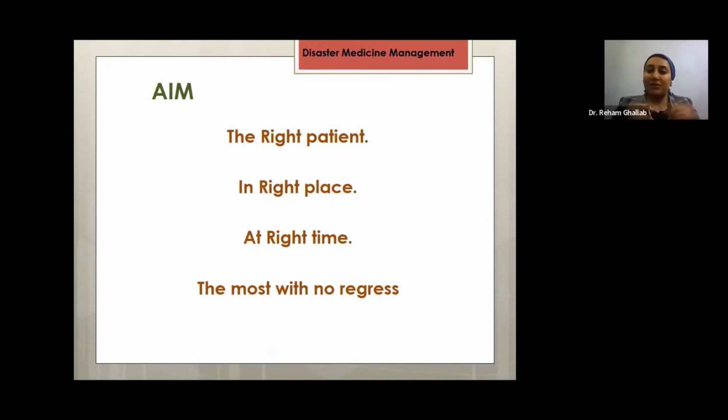The decision is only for you. If you have the wrong patient in the wrong place, for example a patient arresting in the outpatient clinic, you can't save this patient. So the right patient, the right place, the right time equals no regrets.